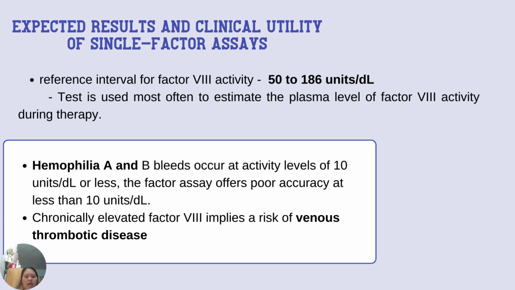For hemophilia A and B, bleeds occur at activity levels of 10 units per dl or less. The factor assay offers poor accuracy at less than 10 units per dl. Clinically, elevated factor VIII implies a risk of venous thrombotic disease.